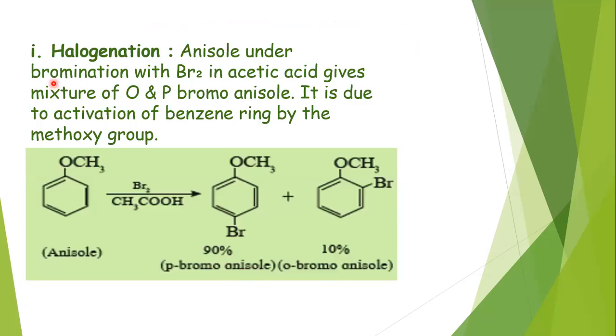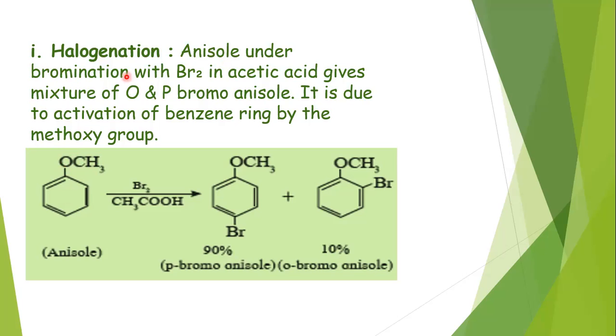See, first halogenation. Anisole, that is benzene ring with OCH3, this is an ether, CH3O and phenyl ring, its common name is anisole.